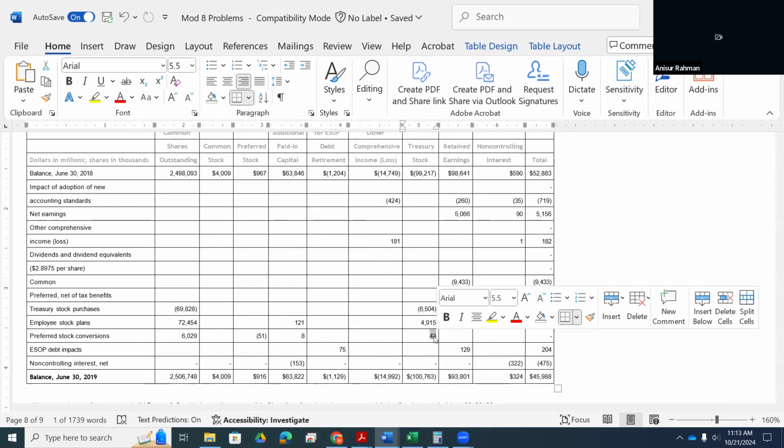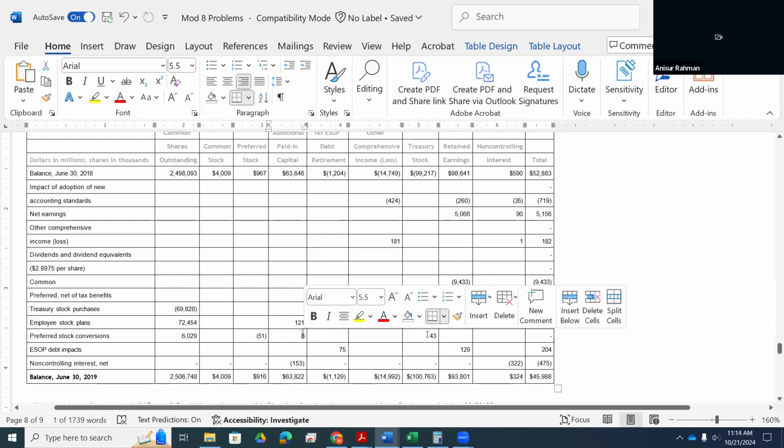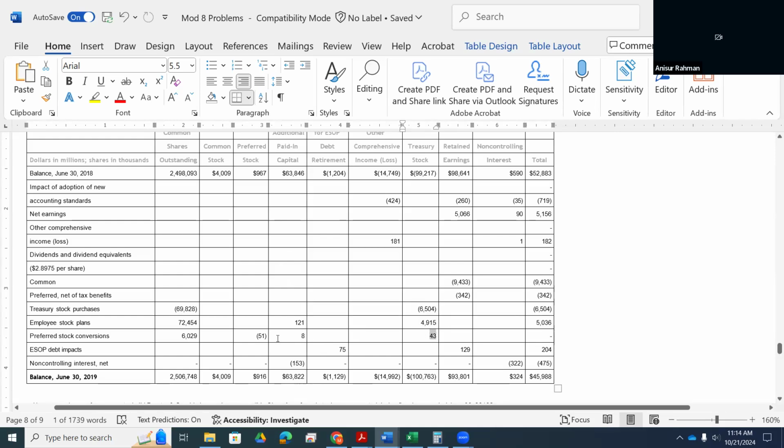Remember, treasury stock starts with a negative balance whenever there are shares repurchased by the company, and it is recorded at the original cost. The difference is recorded under paid in capital. So the total is 8 plus 43, which is 51.